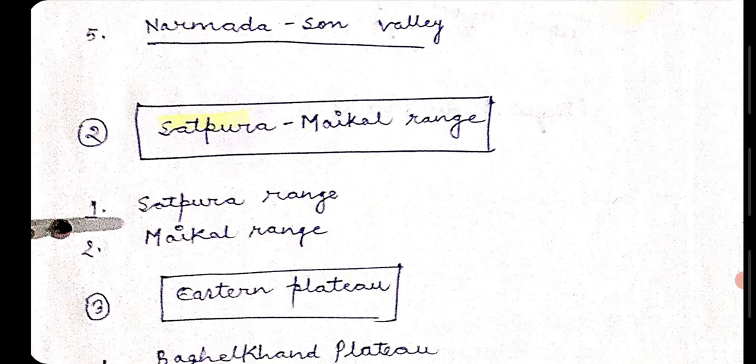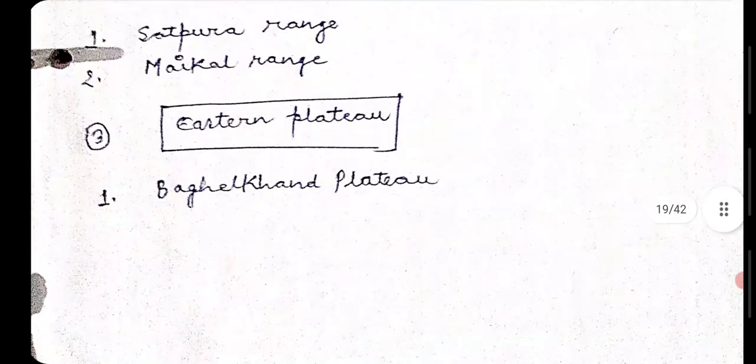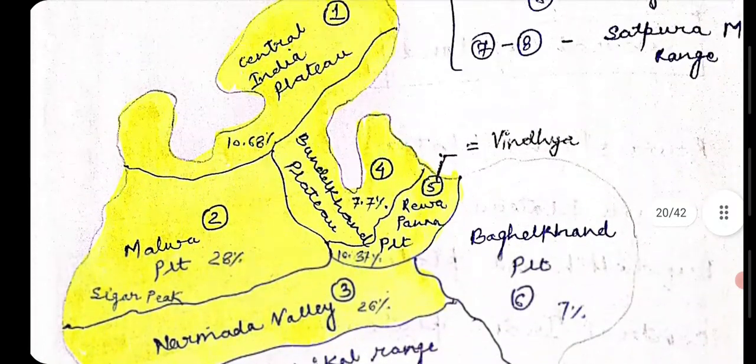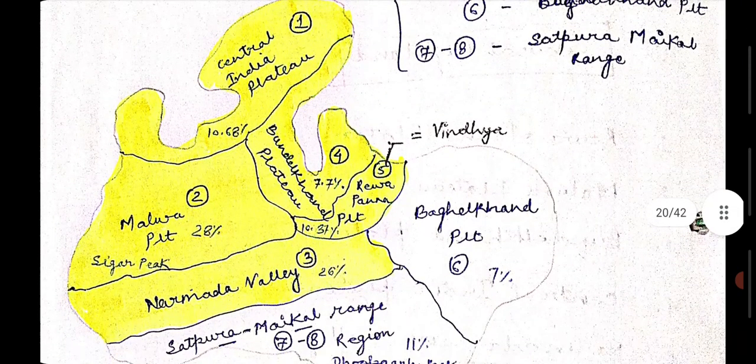Then Satpura Maikal Range has two subdivisions, Satpura Range and Maikal Range, and third is Eastern Plateau obviously. Percentage wise, if we see, the largest part is Malwa Plateau.